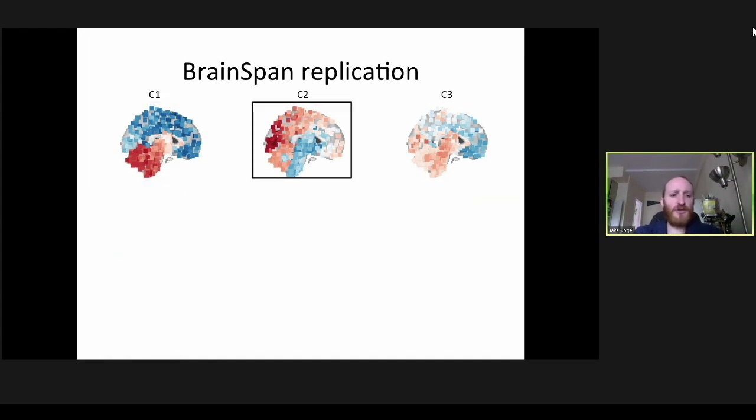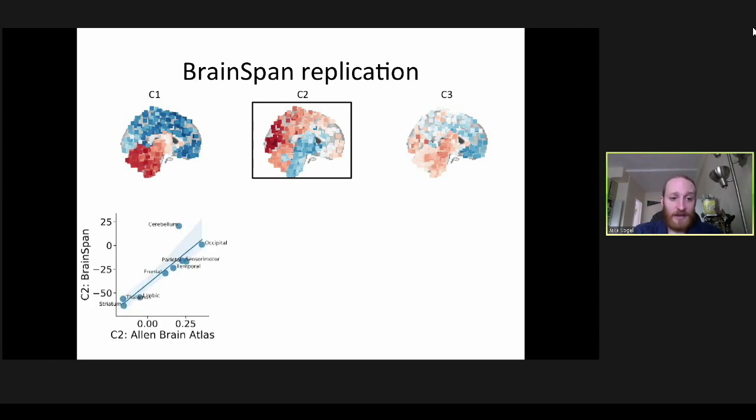So for component 2, recall that the expression in the cortex differentiated limbic from anterior from posterior structures. And since we were mostly working with cortical structures in BrainSpan, we calculated the mean component 2 expression in several regions in the Allen Brain Atlas and correlated this with the mean component 2 expression of the same regions in BrainSpan. And we found a remarkable correlation between these two datasets, again indicating generalizability of this component as well.